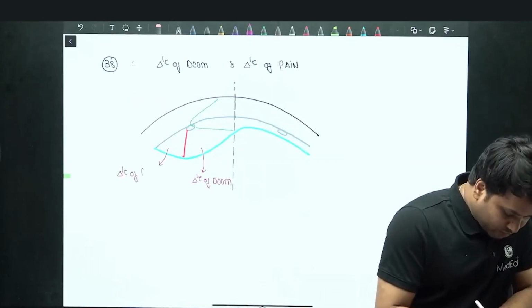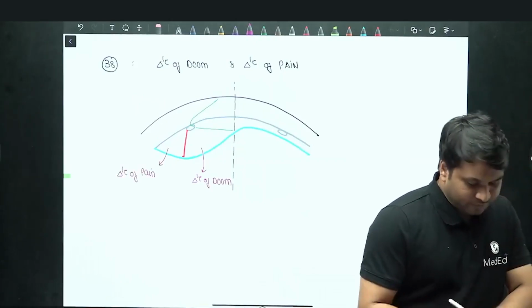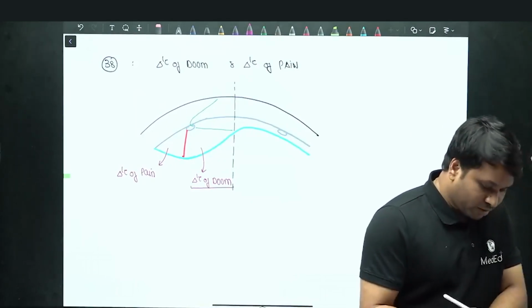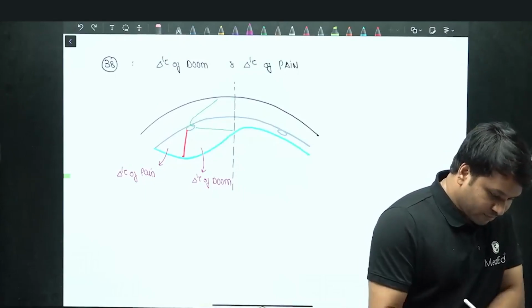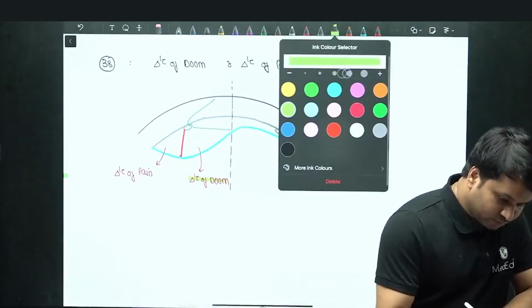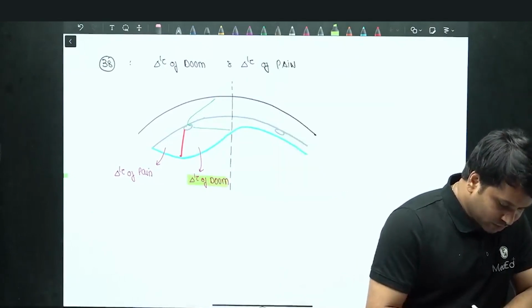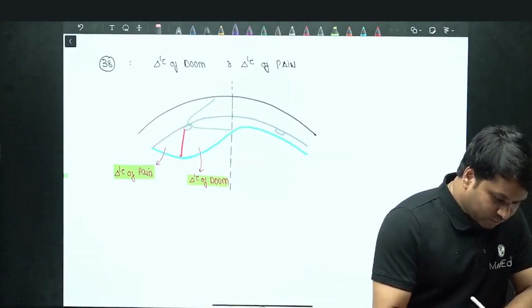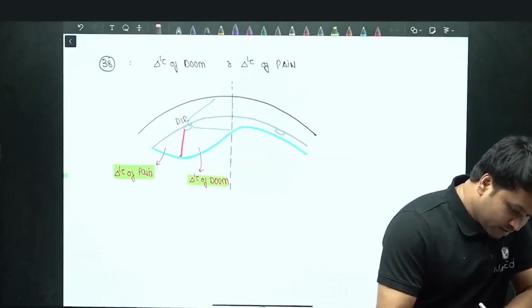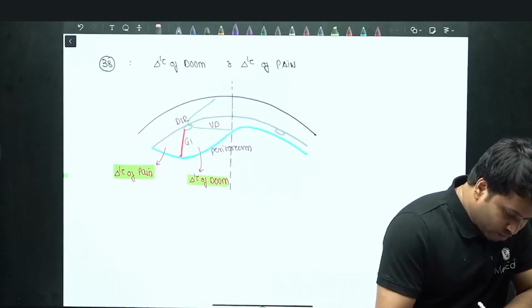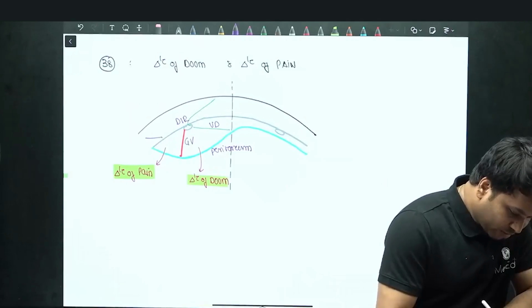triangle of pain, right? So the triangle of doom, if you talk about the boundaries, this is the triangle of doom, this is the triangle of pain, right? Here, this is your deep inguinal ring, this is your vas deferens, this is your peritoneum, this happens to be your gonadal vessels, this is your iliopubic tract.